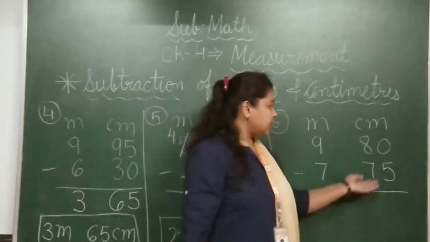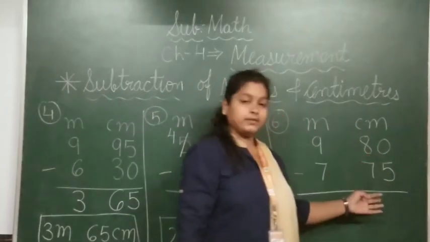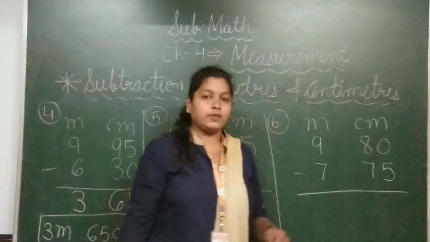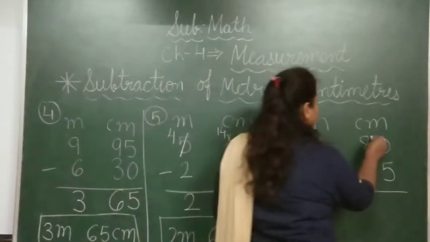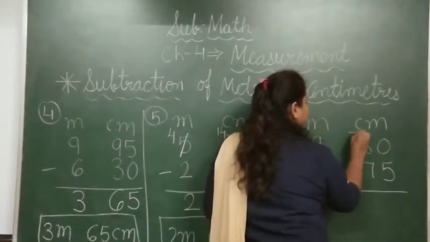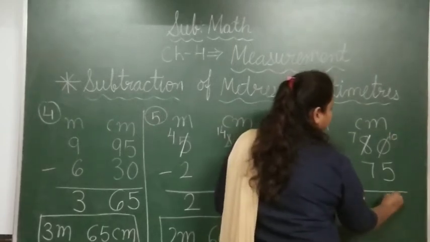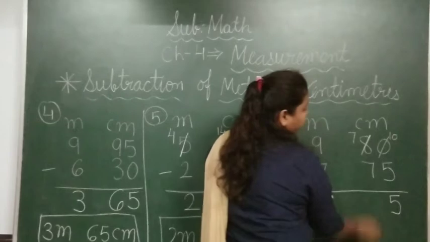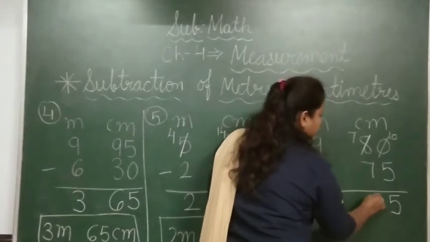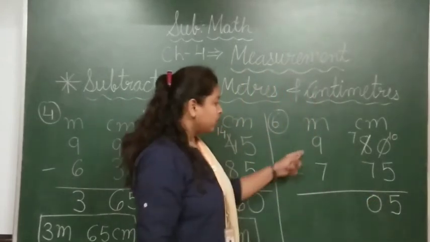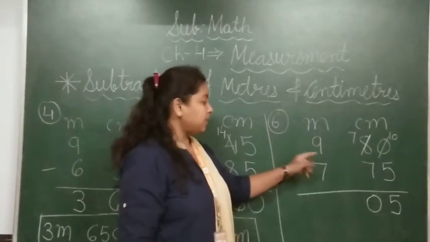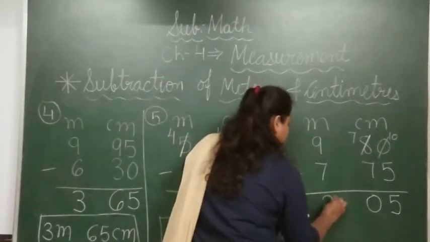Next and the last example, 80 minus 75. So 0 minus 5, that is not possible. So we will cut this number, write the before number, cut this 0 and write 10. 10 minus 5, that gives you 5. 7 minus 7, that gives you 0. Now come to the meters place, 9 minus 7. So that is 2.